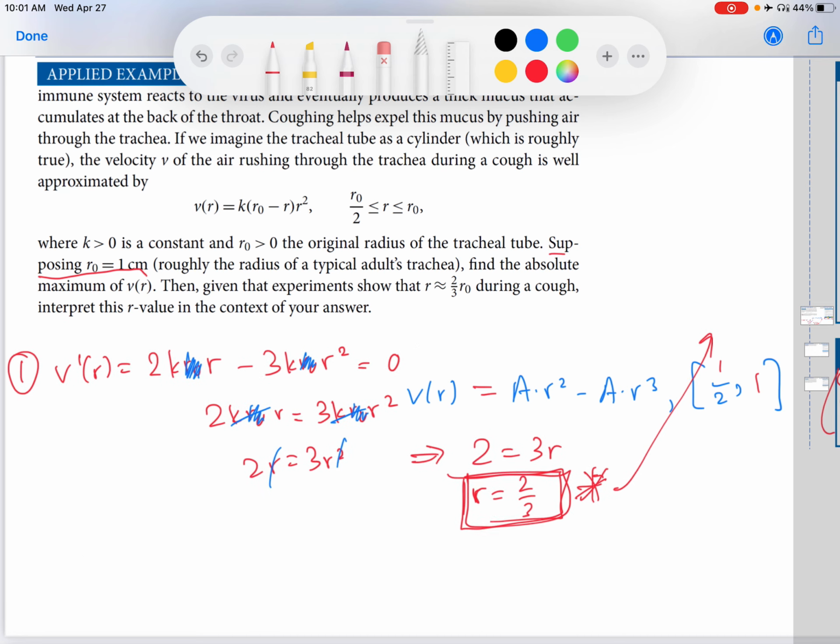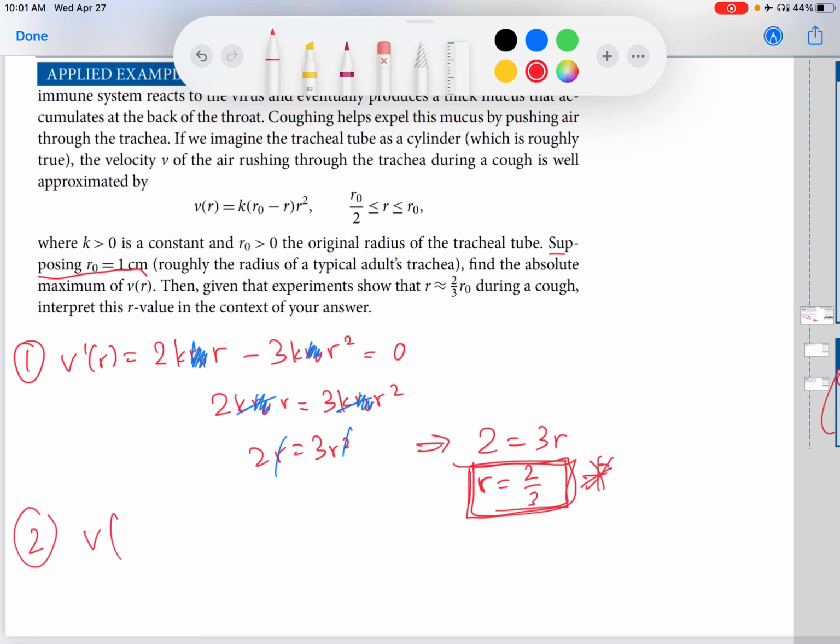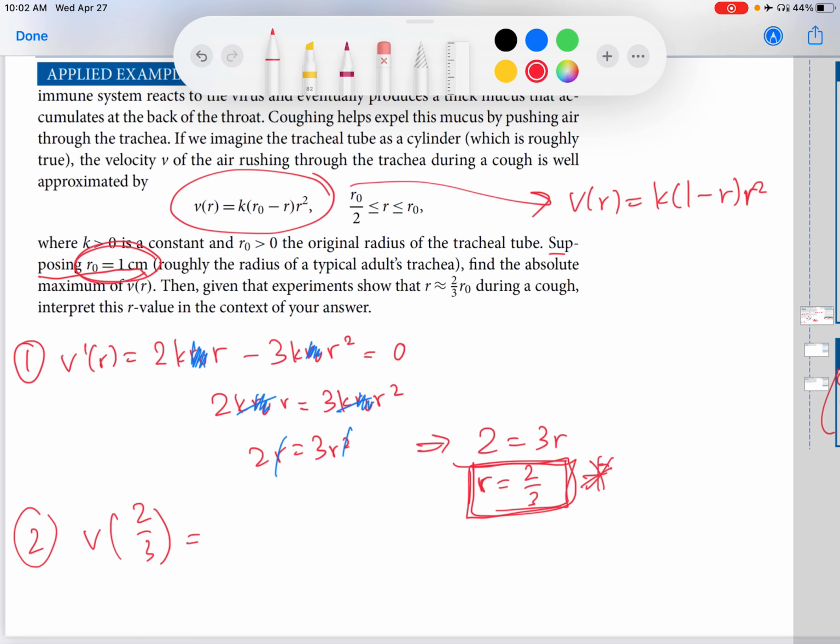So I'm just going to move this up over here, and then erase this part here. So find the critical value. So I'm going to take the function v and substitute in 2/3 and see what I get. So if I go back up here, and now I'm assuming that r sub 0 is 1, v is k times 1 minus r times r squared. The r sub 0 equals 1 comes from here.